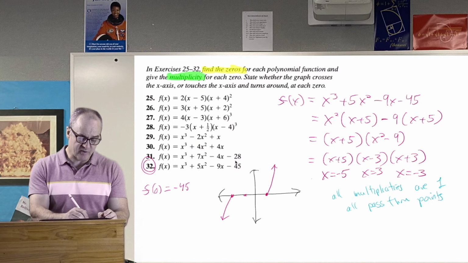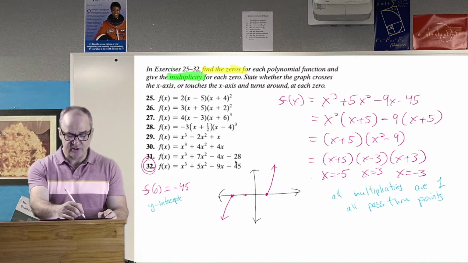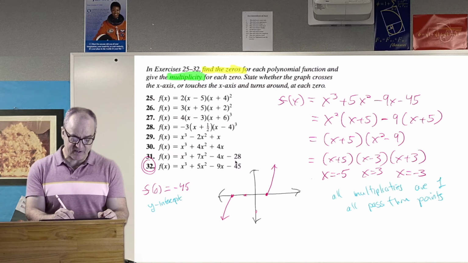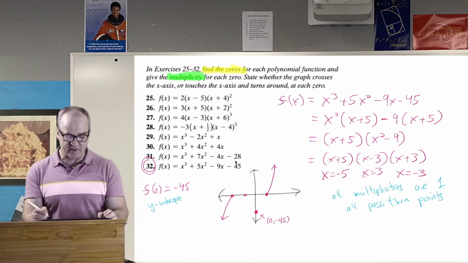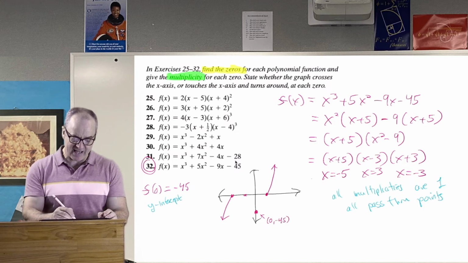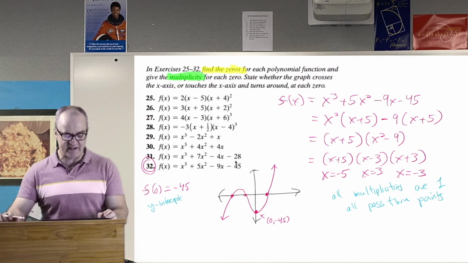We just found the y-intercept, so I also have another point now. I didn't go over this in class, but that's the point (0, -45). I'm previewing what we'll be doing later. Again, this thing passes through at all the zeros, and it hits the y-axis at that point.